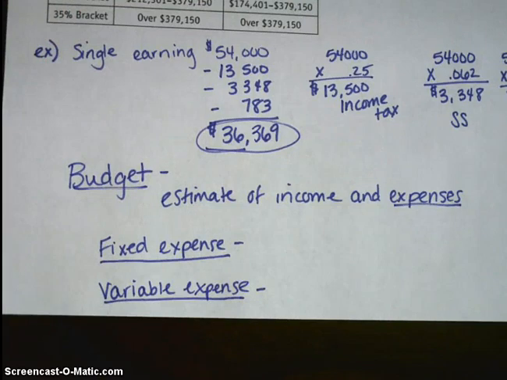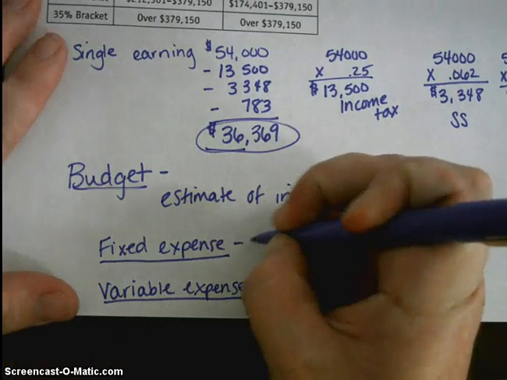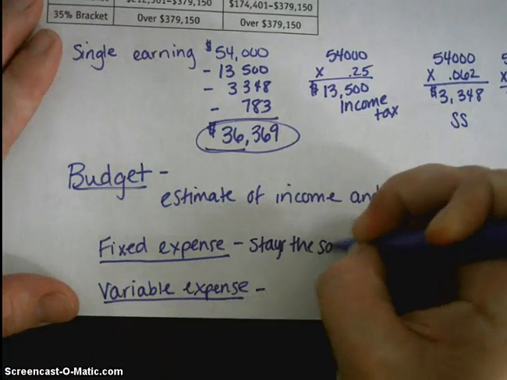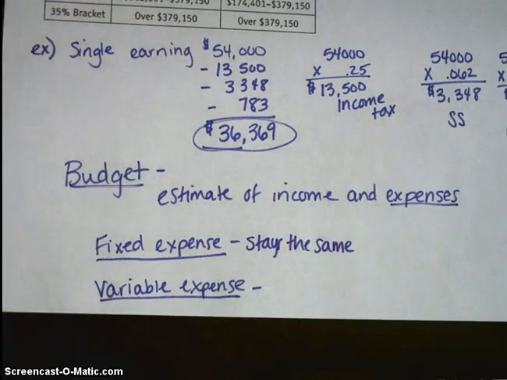It doesn't change. So a fixed expense might be my house payment. This is stuff that stays the same, like my house payment, my cable bill, my phone bill. For the most part, they stay the same.